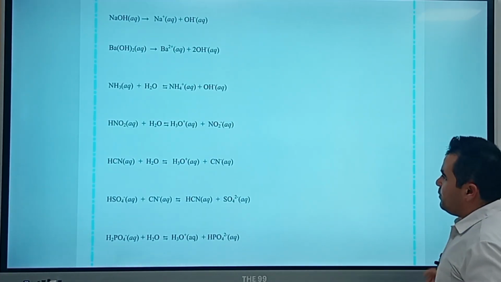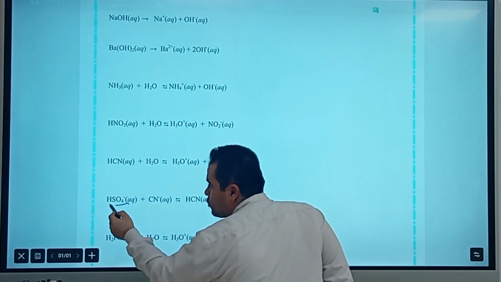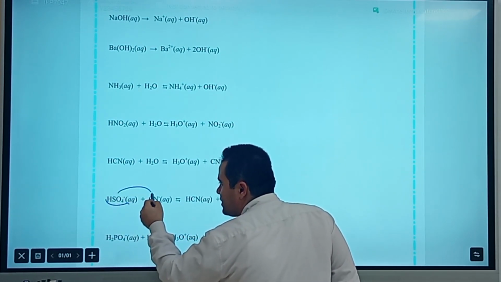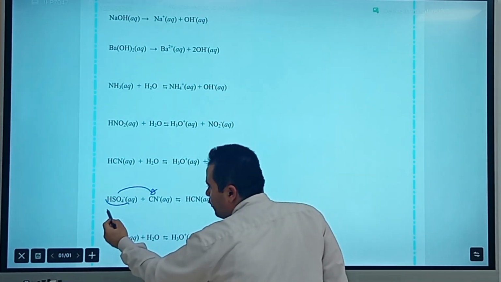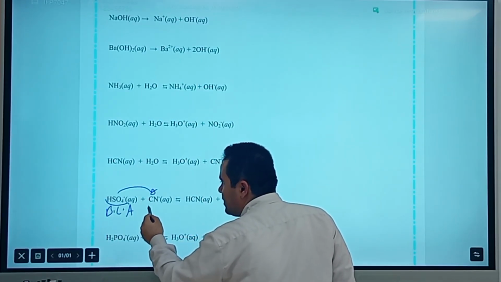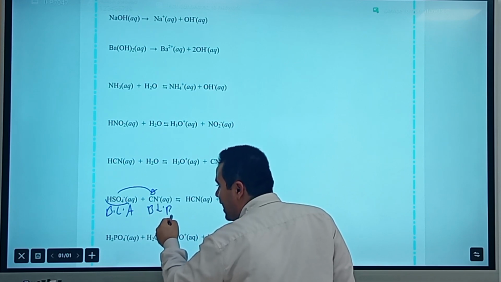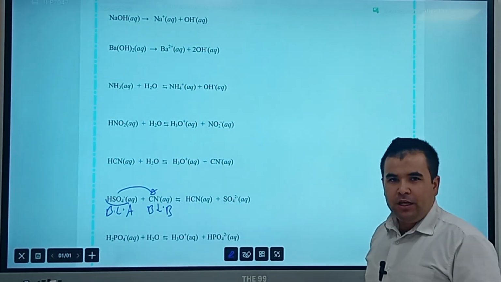More examples. Let me solve different examples. HSO4 negative donates a proton to CN negative. So the HSO4 negative acts as a Bronsted-Lowry acid and CN negative as a Bronsted-Lowry base, but neither of these two is Arrhenius. Why?